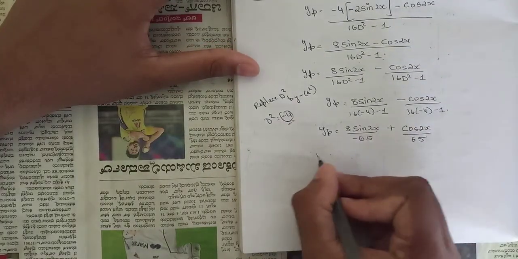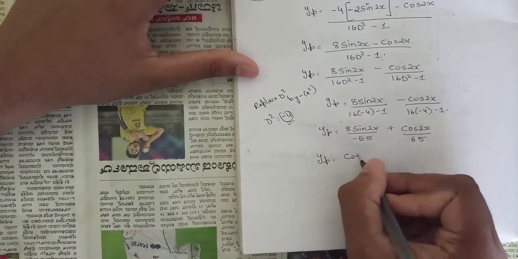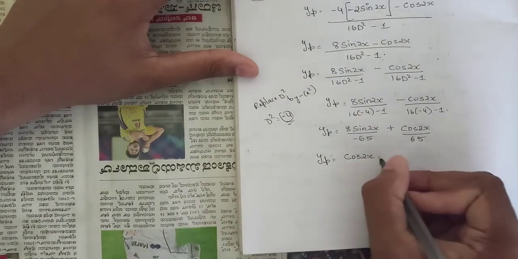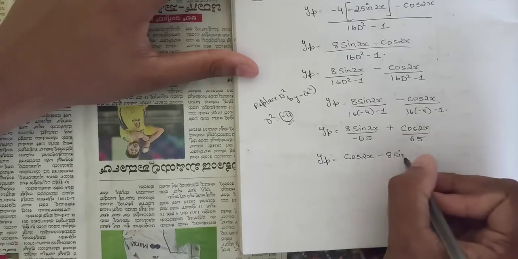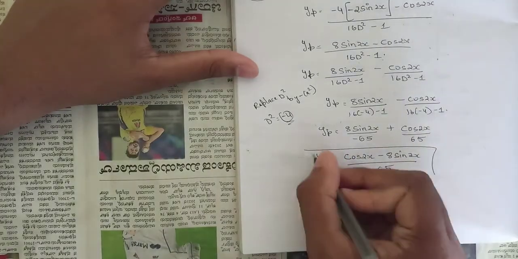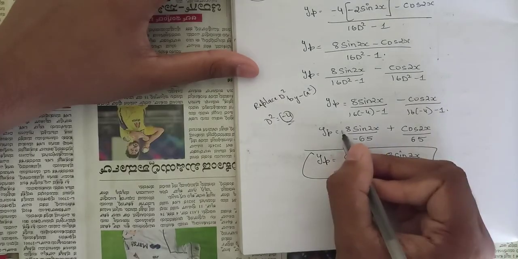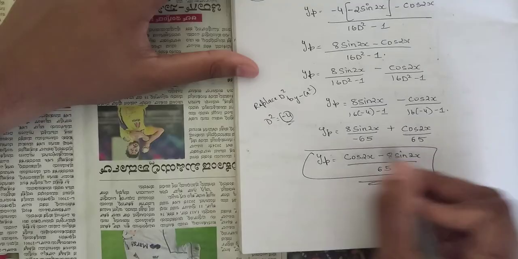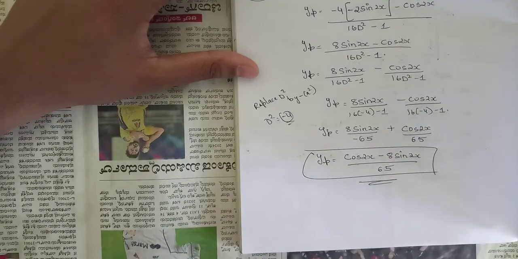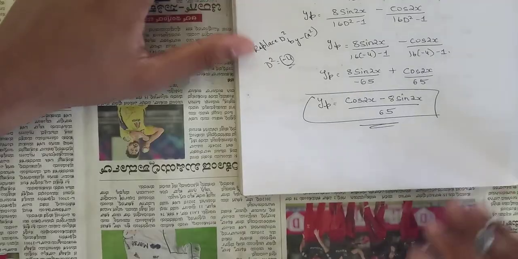So your final answer for yp is, I'll write the positive term first, cos 2x minus 8 sine 2x by 65. In the denominator we have minus, right? I have just written minus here so that we get both the denominators the same. Yeah, so this is your required particular integral.